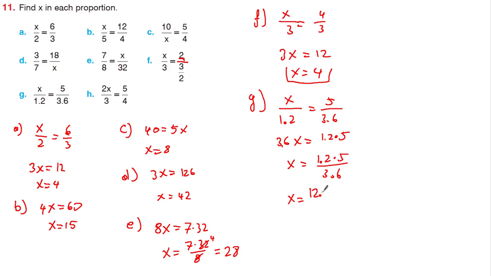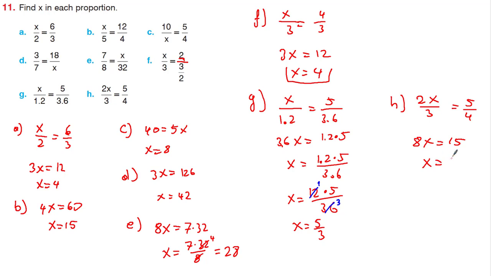So 12 times 5 over 36. We can simplify here by 12 and you get 1 over 3. So x is 5 over 3. And the last one, H, we get 2x over 3 is 5 over 4. Cross multiply, 8x is 15. So x is 15 over 8.